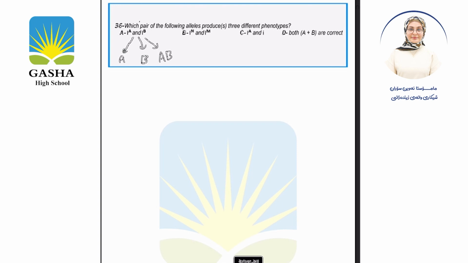Okay, so this one is three, true. B can produce N, can produce M, also produce NM. In C, only can produce A or II. So as a result, A and B produce three different phenotypes. So which one is true?